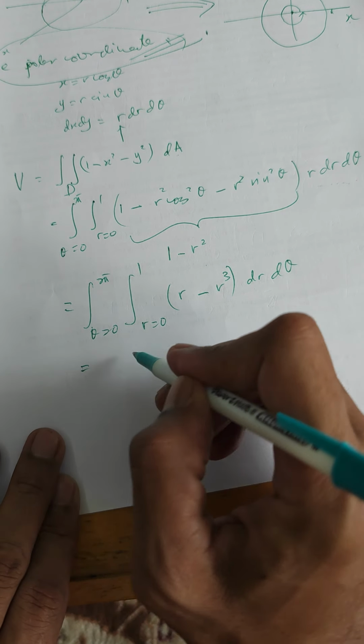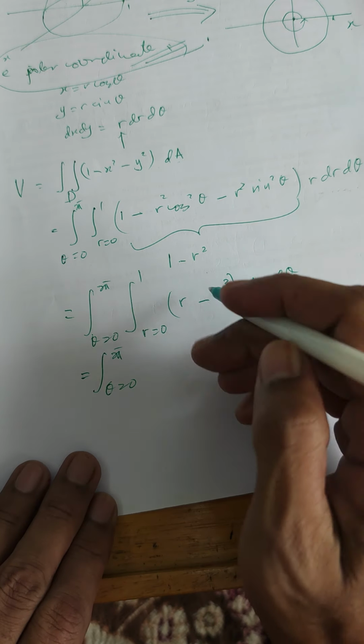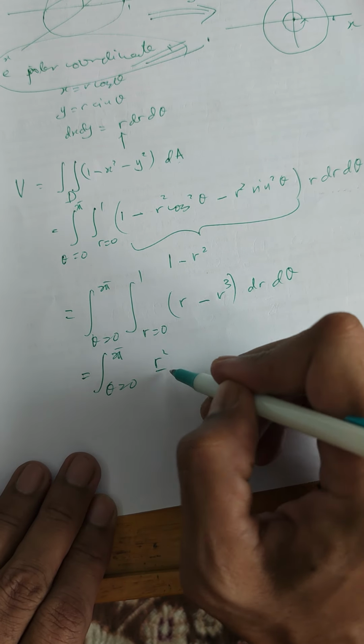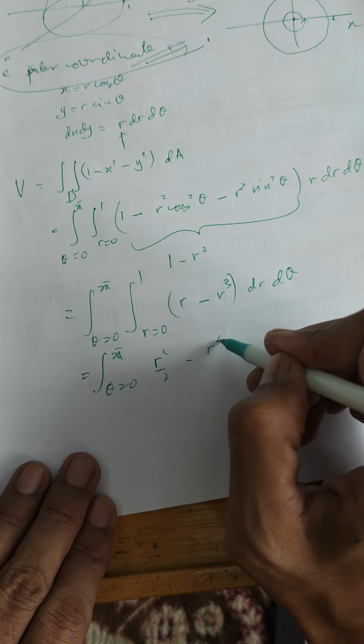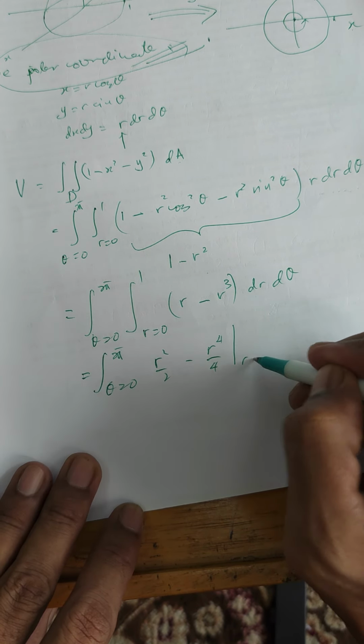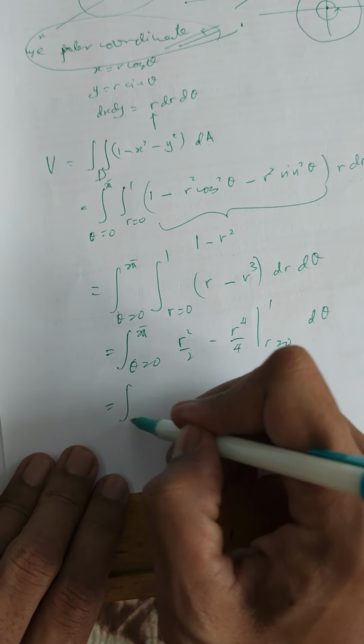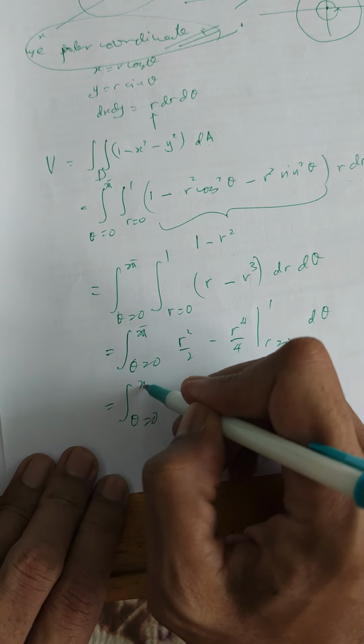That will give you the integral from 0 to 2 pi of r squared over 2 minus r to the fourth over 4, with r from 0 to 1, d theta. That gives you the integral from 0 to 2 pi of half minus 1 over 4 d theta.